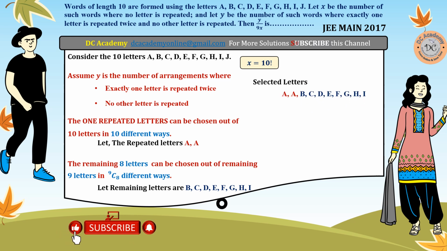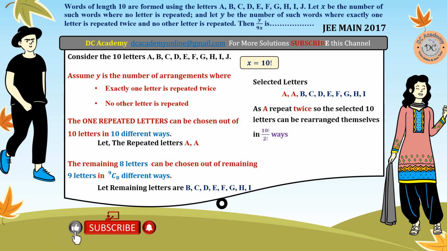Now the positions of these letters can rearrange themselves. A can be at 5th place, A can be at 7th place, anywhere is possible. But as 2 A's are repeated, the number of possible rearrangements after each selection will be factorial 10 divided by factorial 2.